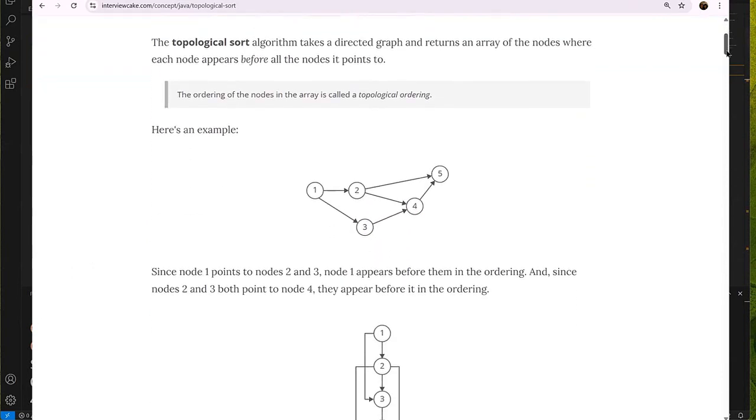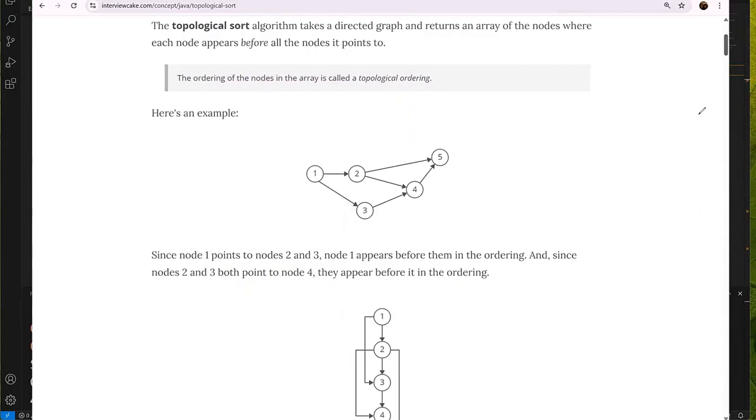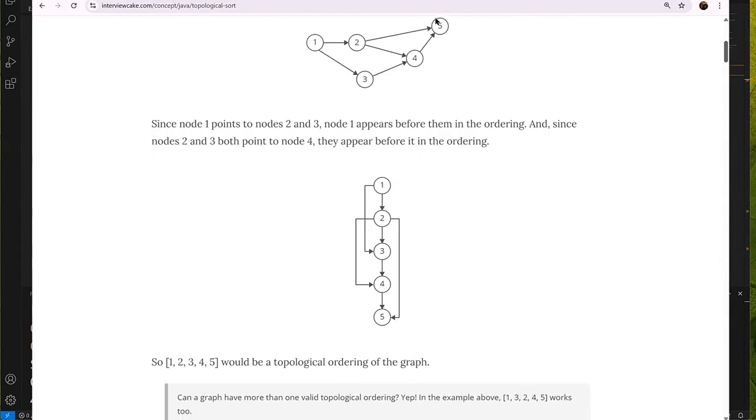Apparently this is still very useful. If you look at the order, you have 1 goes to 2, 2 goes to 5, and then 2 goes to 4, 1 goes to 3 as well. So you will have a topological sorting of 1, 2, 3, 4, 5.